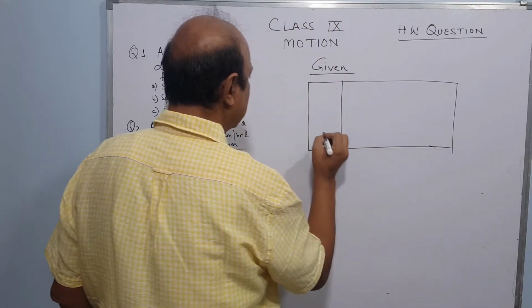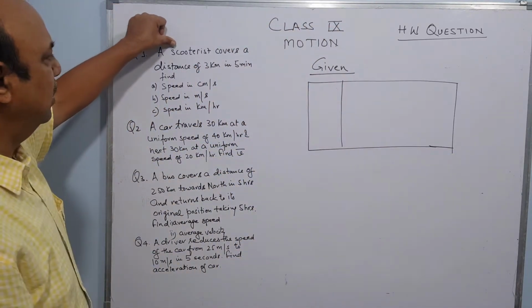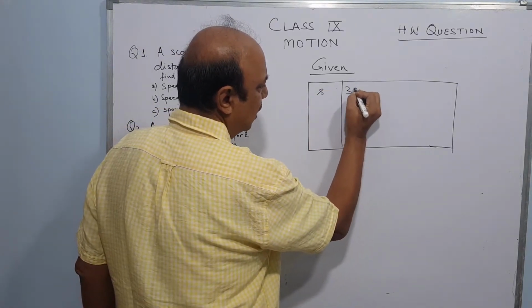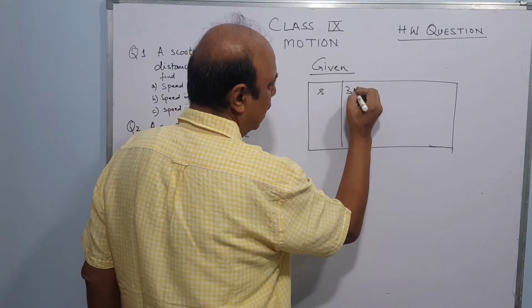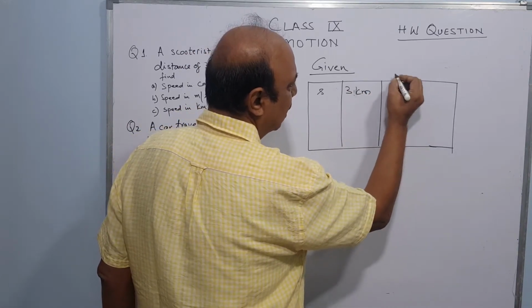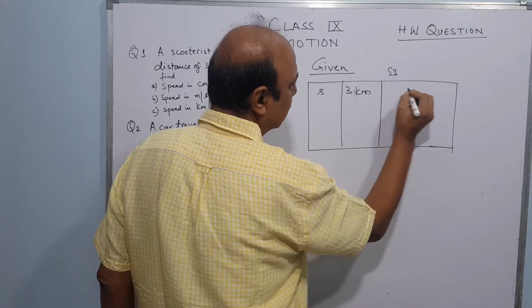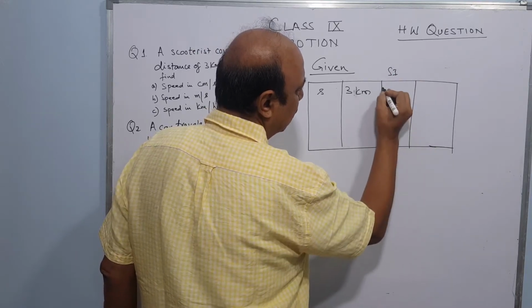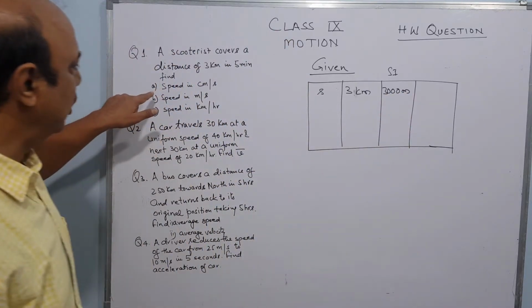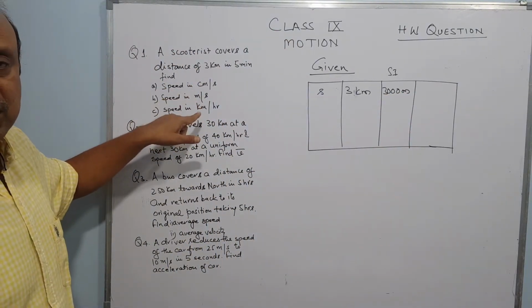Now in this case, I have been given the distance S, 3 kilometers. I will write in front of it SI unit, 3000 meter. Then I will see in the question if there is any other unit which is coming up.